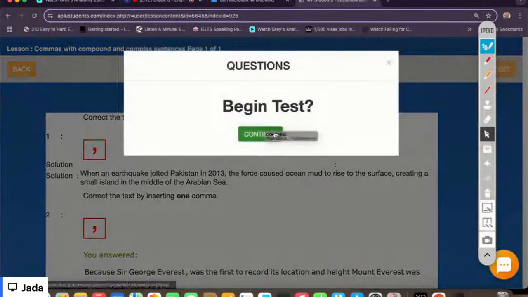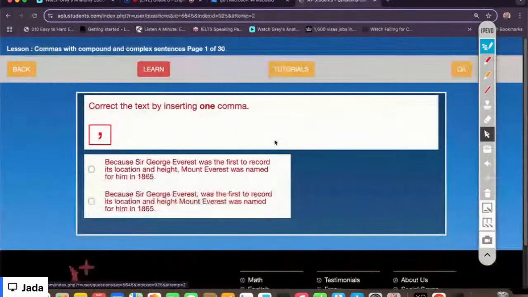So to the test. Correct the text by inserting one comma. Because Sir George Everest was the first to record its location and height, Mount Everest was named for him in 1865. So which is the right one, first or second?